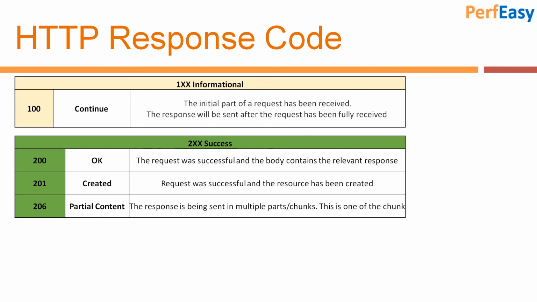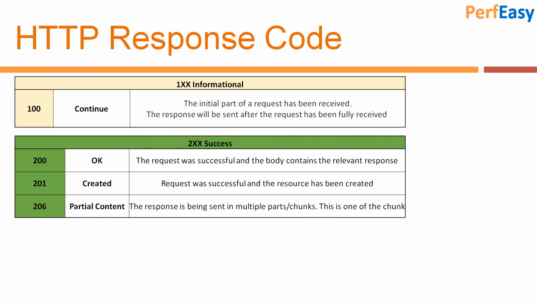In those situations we get 201 Created. That means my request was successful and the resource that we tried to create, or the JSON that I sent, is successfully saved.